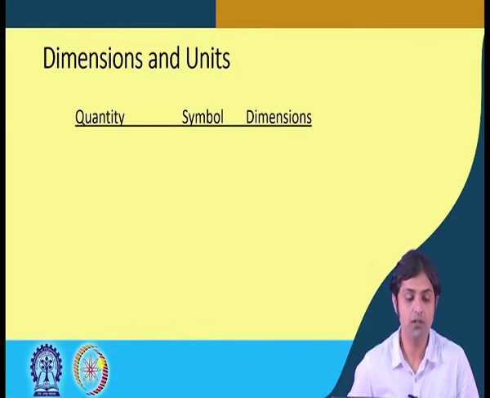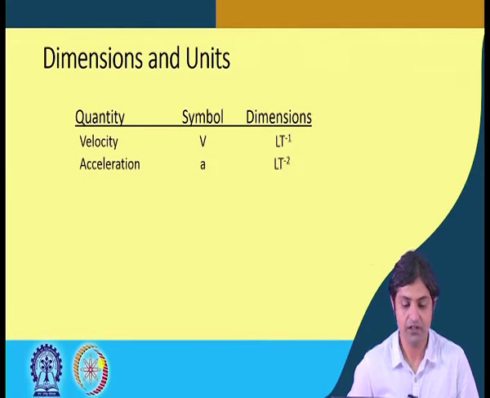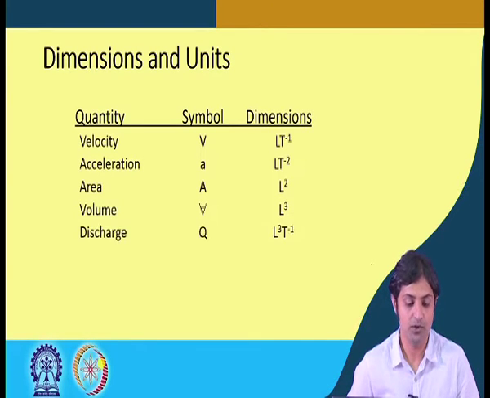So some of the important quantities, symbols and their dimensions are given. Velocity is given by V, its dimensions are LT to the power minus 1. Acceleration, similarly as we saw in the last slide, is LT minus 2. Area is L square. Volume is length cube.